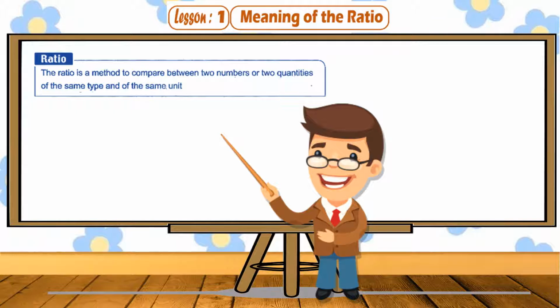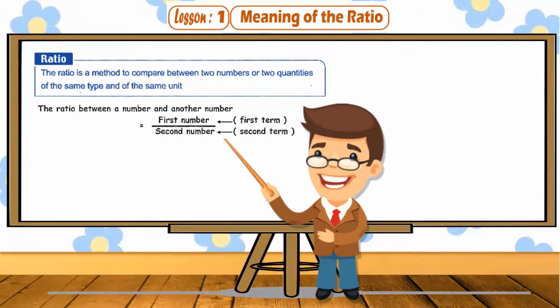The same type means the type of comparison, like the weight, the length, and the speed. But the same unit, like what we learned before: kilometer, meter, decimeter, the units of length; kilogram, ton, gram, units of weight; liter and milliliter, units of capacity.